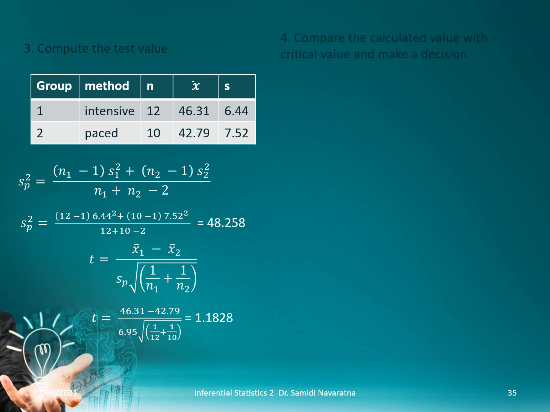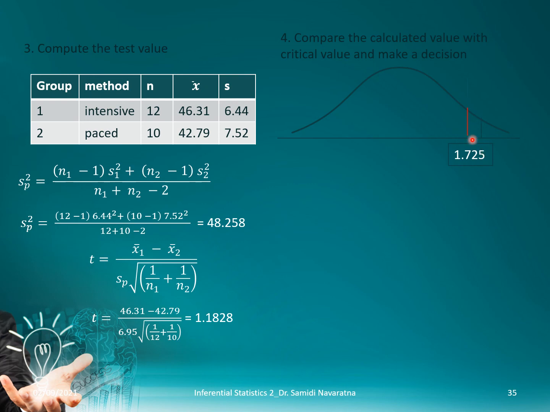So the next step is to compare the calculated value with the critical value and make a decision. So again, let's look at the null distribution. And as you can see, the calculated value is less than the table value, that is the critical value.